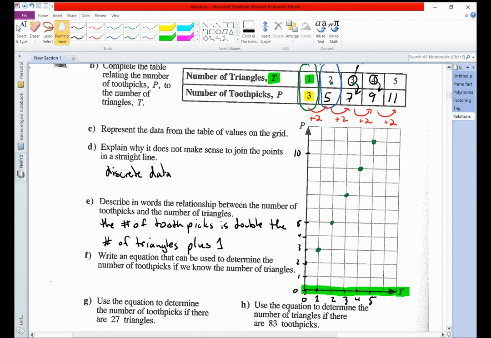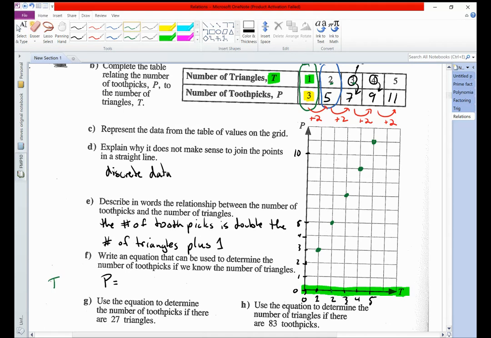So basically we're looking for an equation that is P is equal to something. We want a mathematical equation that says the number of toothpicks is going to equal this based on the number of triangles. So we want P is equal to, and we want to use the variable T in there somewhere.